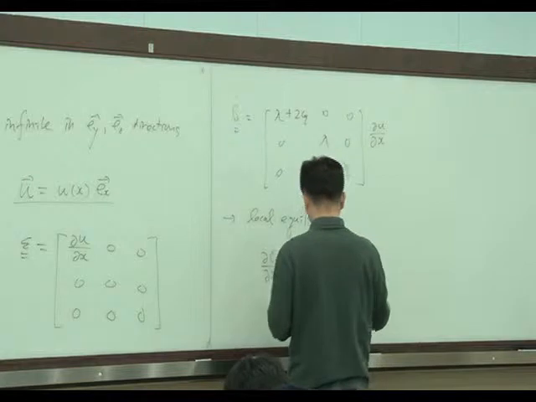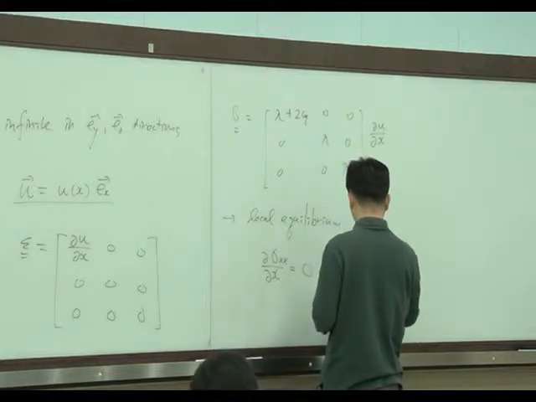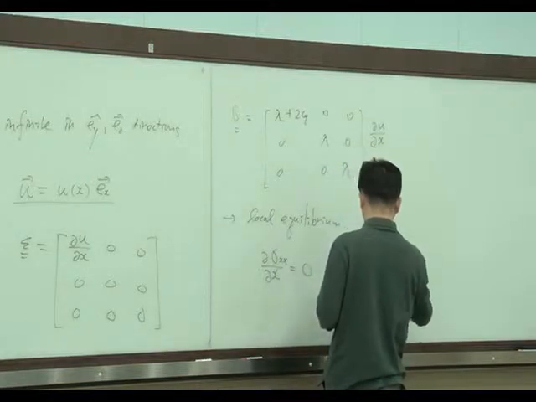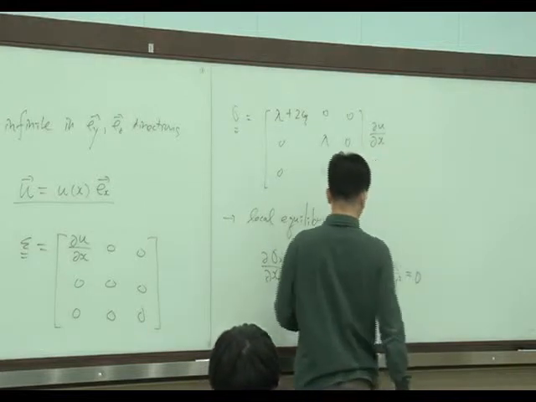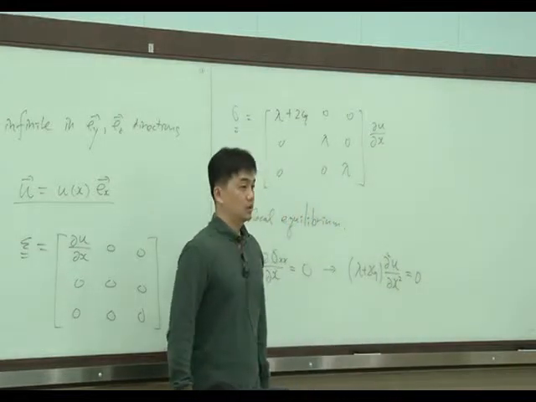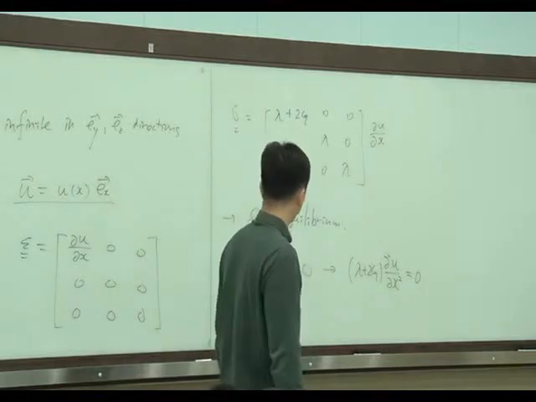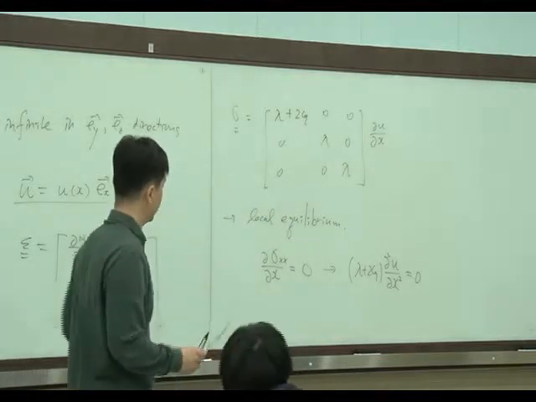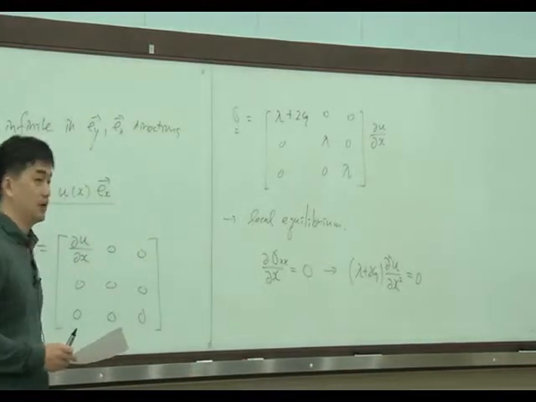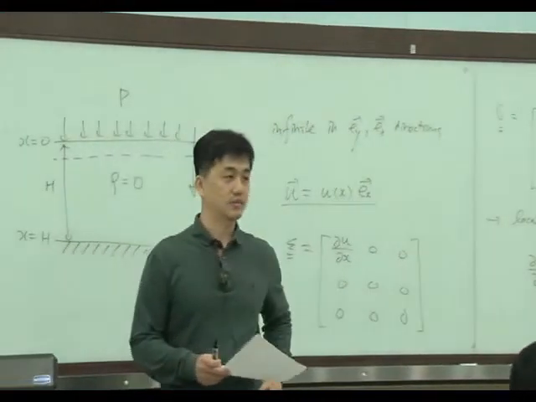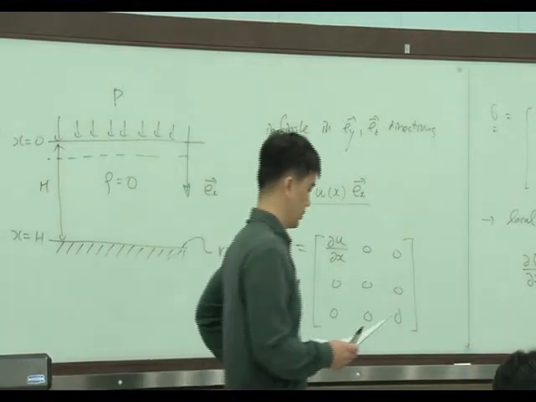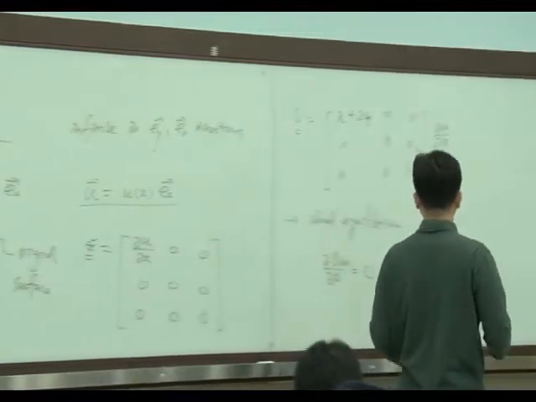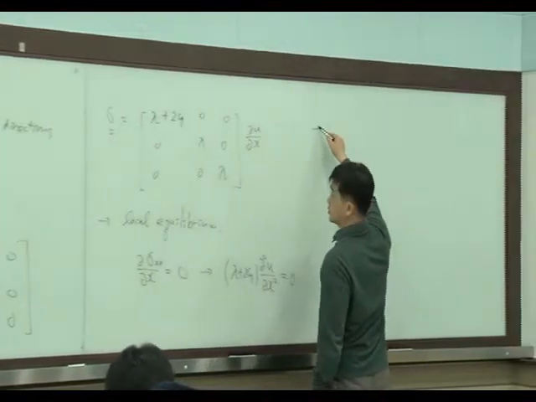Then this means lambda plus 2 mu, u,xx equals 0, right? So now we have a second order partial differential equation. So we need to integrate. Integration.